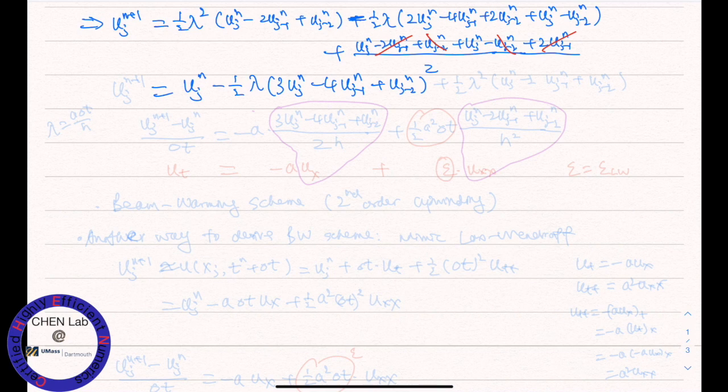And then you have this plus 1/2 lambda squared left, which is u_j^n minus 2 u_{j-1}^n plus u_{j-2}^n. Okay? So that's our scheme, u_j^{n+1}, right?